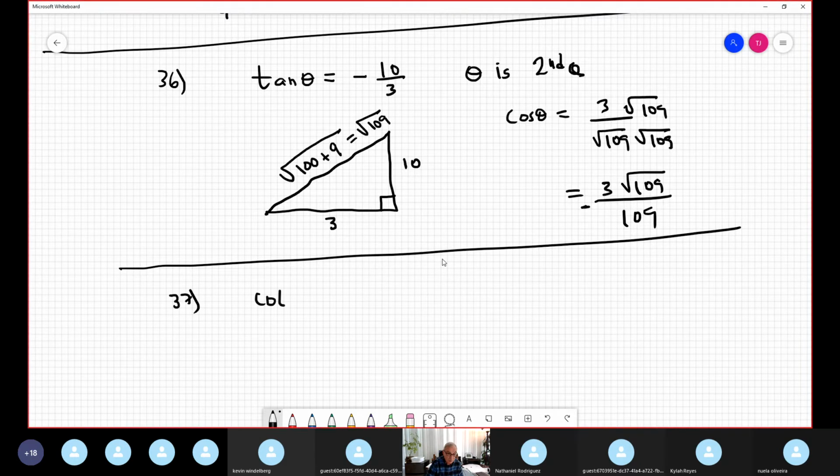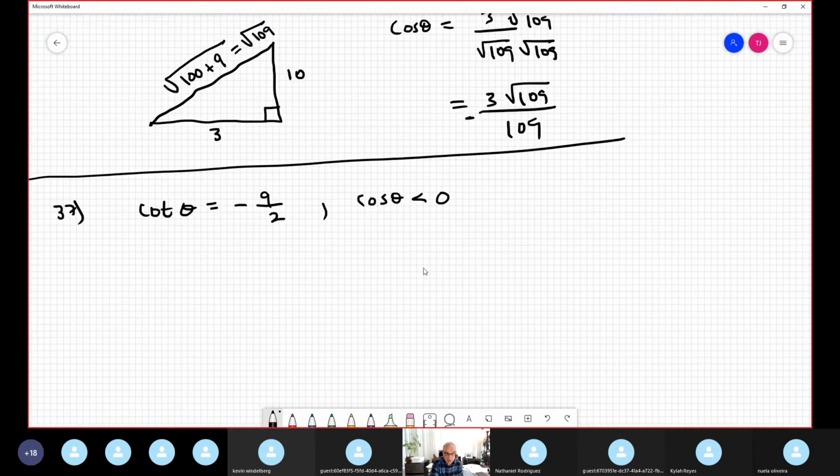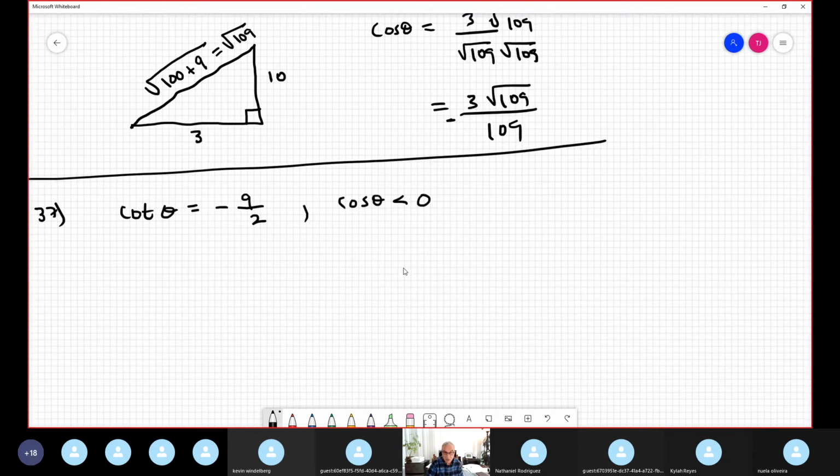Cotangent theta is equal to negative 9 over 2. And cosine, wow, is negative. Okay, I saw using my eyes that cotangent is negative. Well, cotangent is negative in the second quadrant and in the fourth quadrant, because I know very well that cotangent and tangent are positive in the first quadrant, as all trigonometric functions, and in the third quadrant.